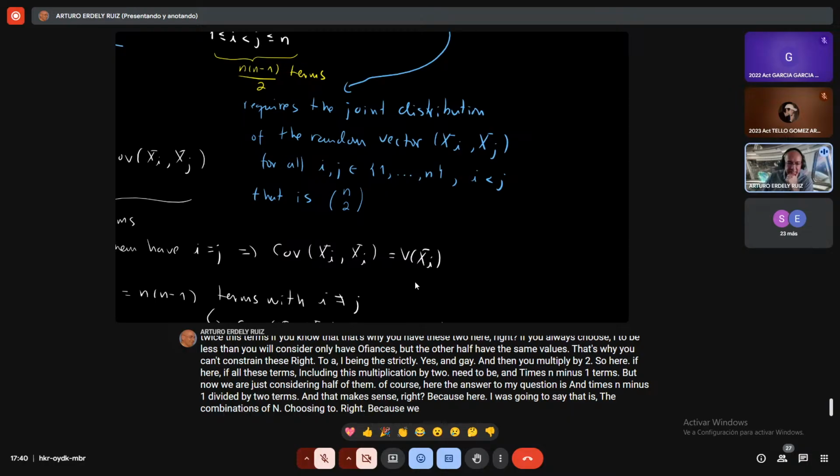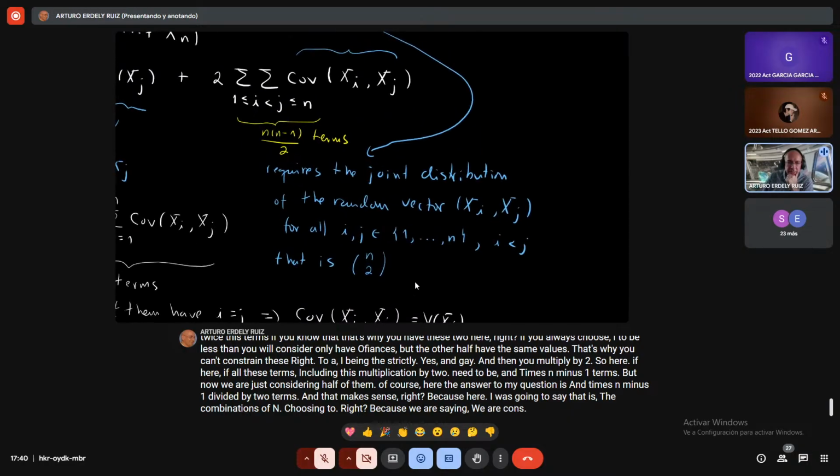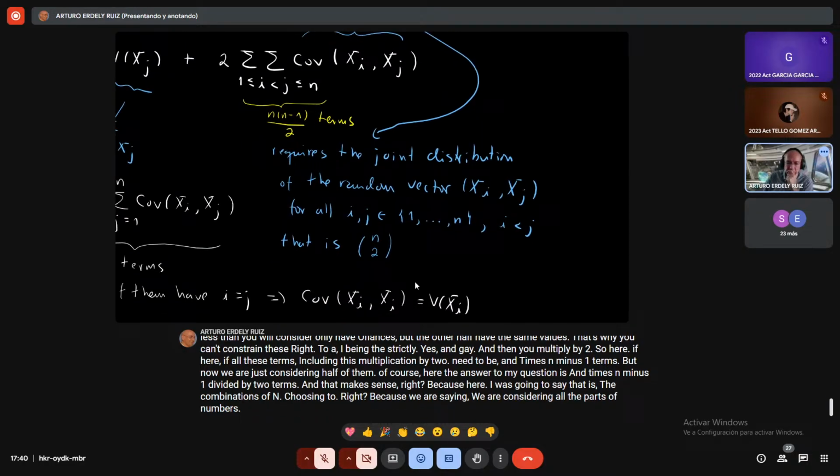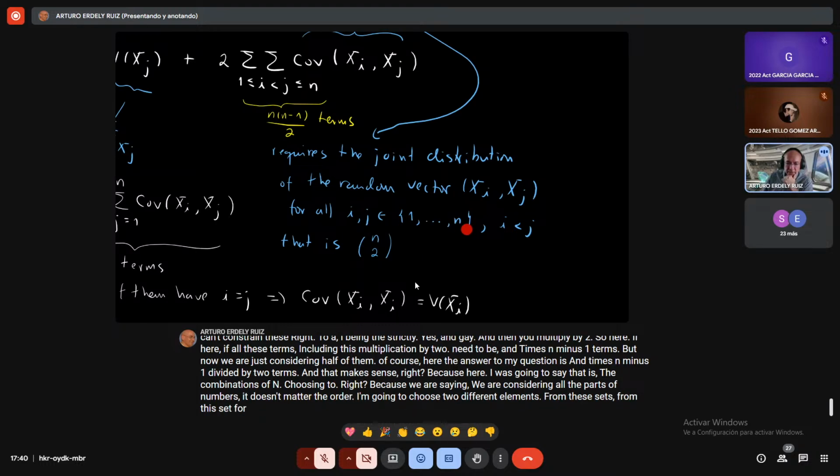Because we are considering all the pairs of numbers, doesn't matter the order. I'm going to choose 2 different elements from this set from 1 to n.